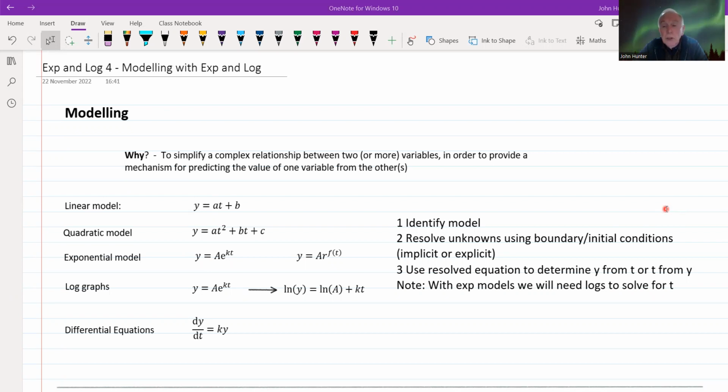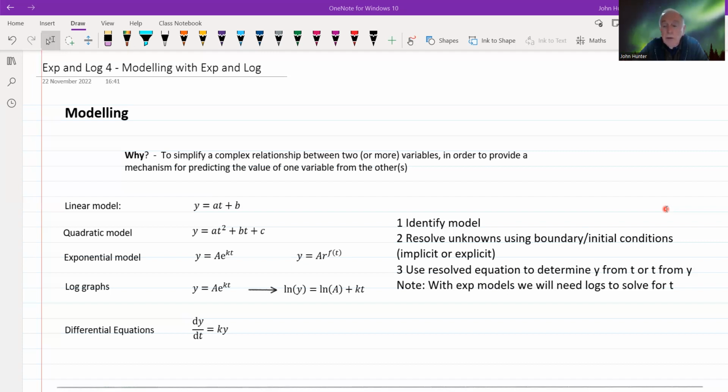Now, it's a model, so it's not necessarily going to give us totally accurate predictions, but it's going to give us predictions that we can use. So that's basically the idea.